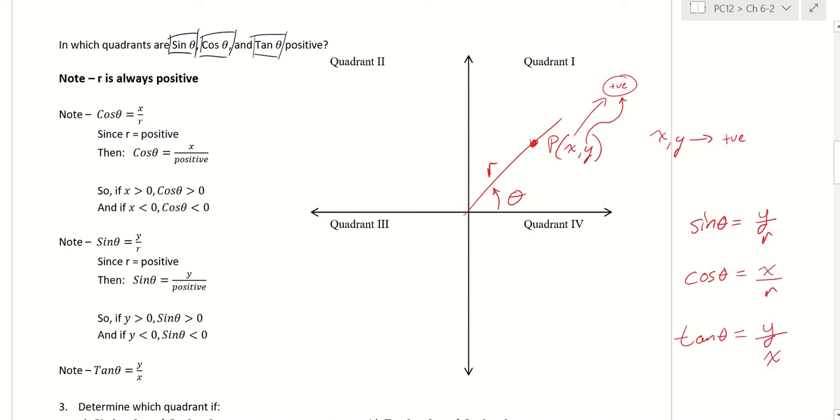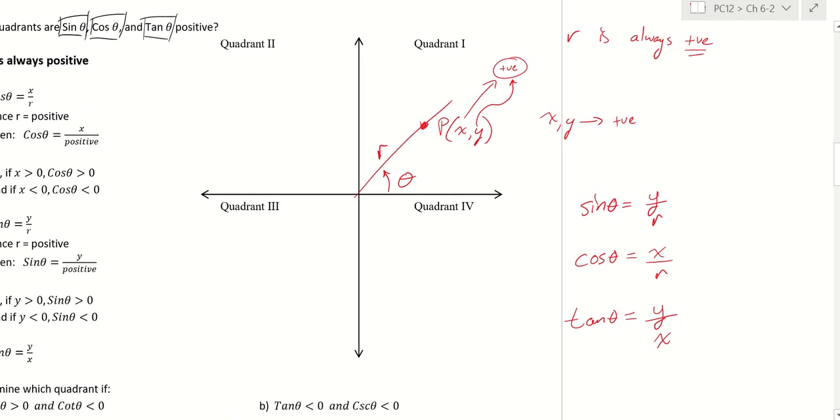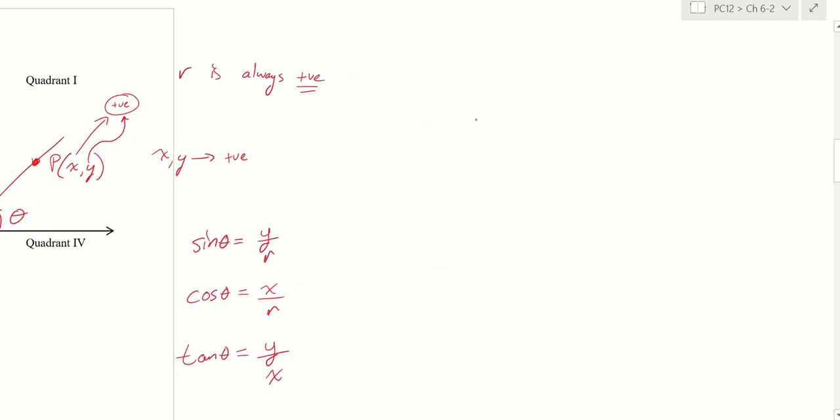And by the way, r is always positive. Or it's 0 in the particular case where you might have a point P at the origin, that trivial, silly case. But otherwise, r is always positive. You might think about why r must always be positive, but really the key is in this relationship.